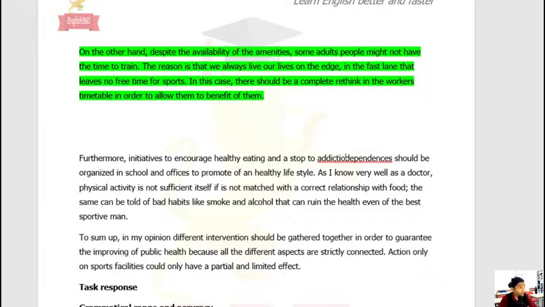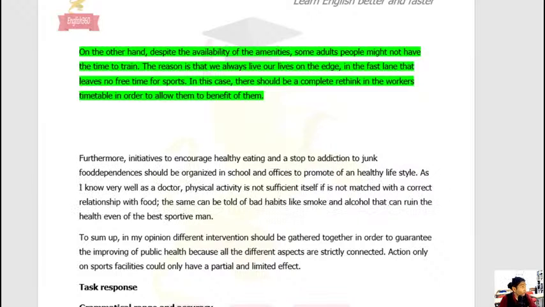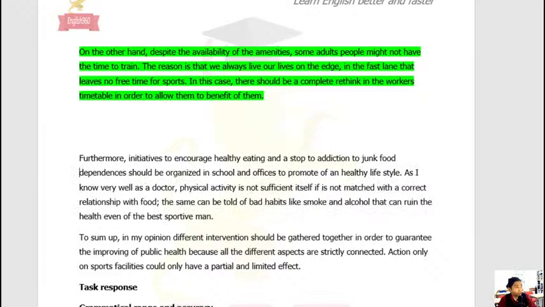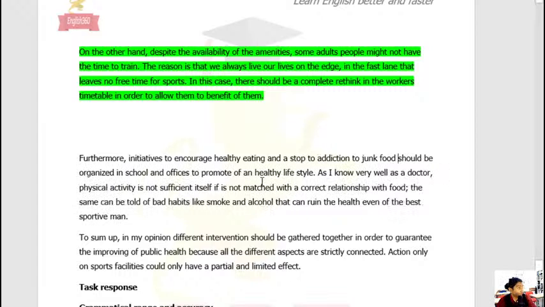Let's try it like this. Addiction to junk food should be organized in school offices. Yeah, as I know very well as a doctor, physical activity is not sufficient in itself if it is not matched with the correct relationship with food.